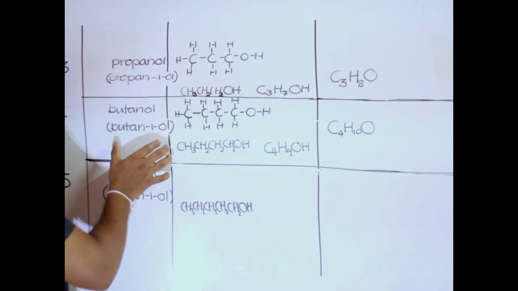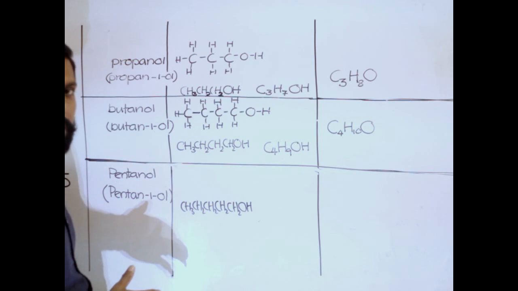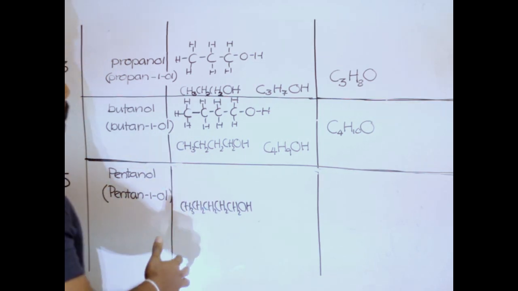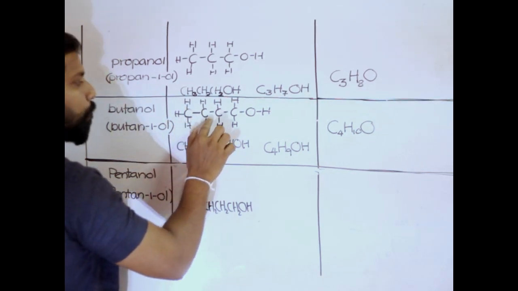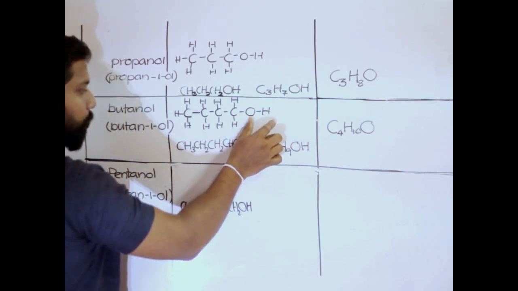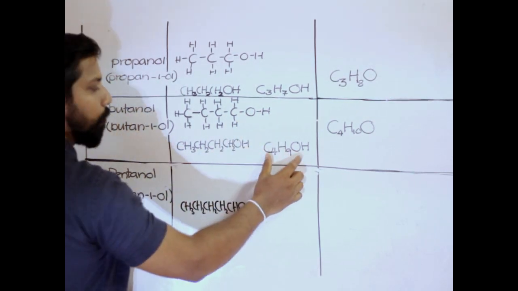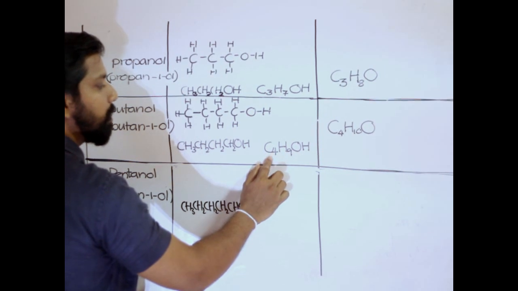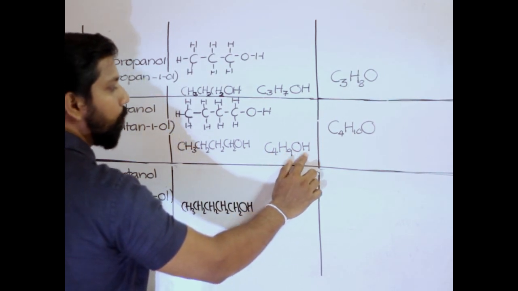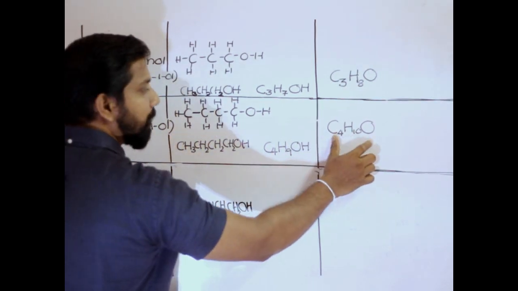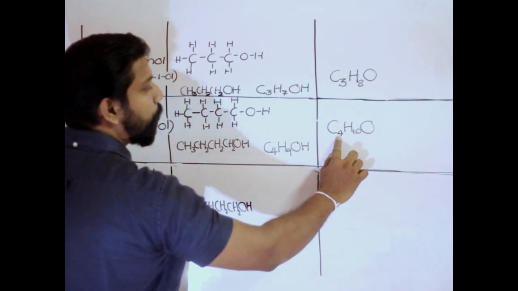Butanol, which is also called butan-1-ol more accurately, will have 4 carbon atoms with OH, and fully condensed it's going to be C4H9OH, and further condensed you get C4H10O.